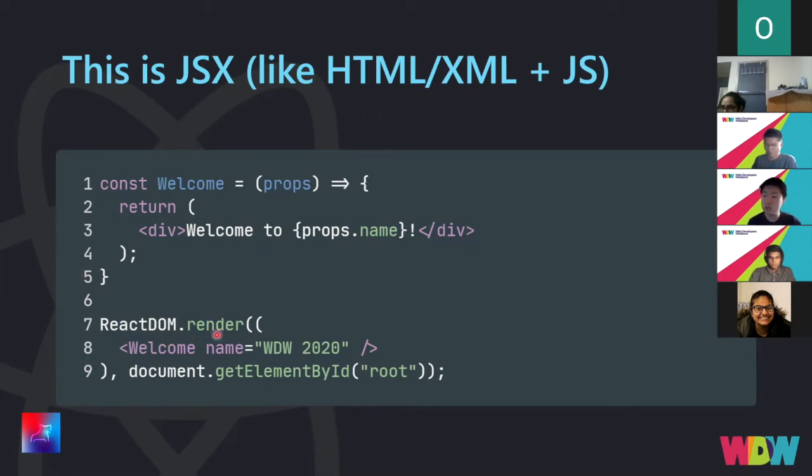If you look here at the bottom, this is actually what renders that component. You don't have to understand exactly how it's rendered, but know that this component Welcome is rendered here in this function. We will look at how to build this component from scratch step by step.